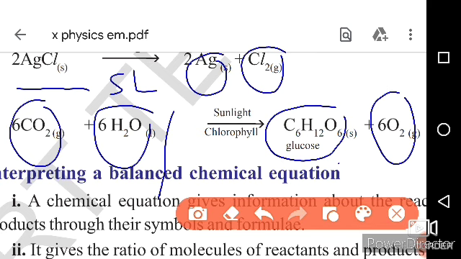It does not get involved in the chemical reaction, it does not spoil the reaction, but it boosts it. Just like that, here chlorophyll boosts the reaction: in the presence of sunlight, it uses CO2 and water and produces glucose.